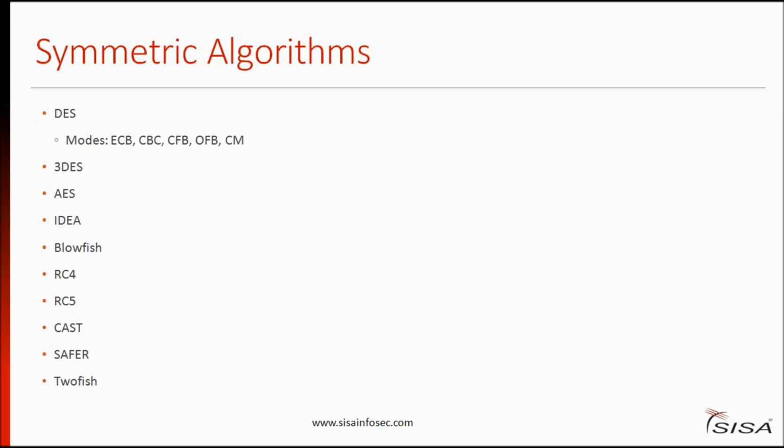It was designed by Bruce Schneier. Then we have RC4, RC5, and RC6, which were developed by Ron Rivest, and RC6 was submitted as a candidate for AES. Then there are various other algorithms like CAST, SAFER, and Twofish.